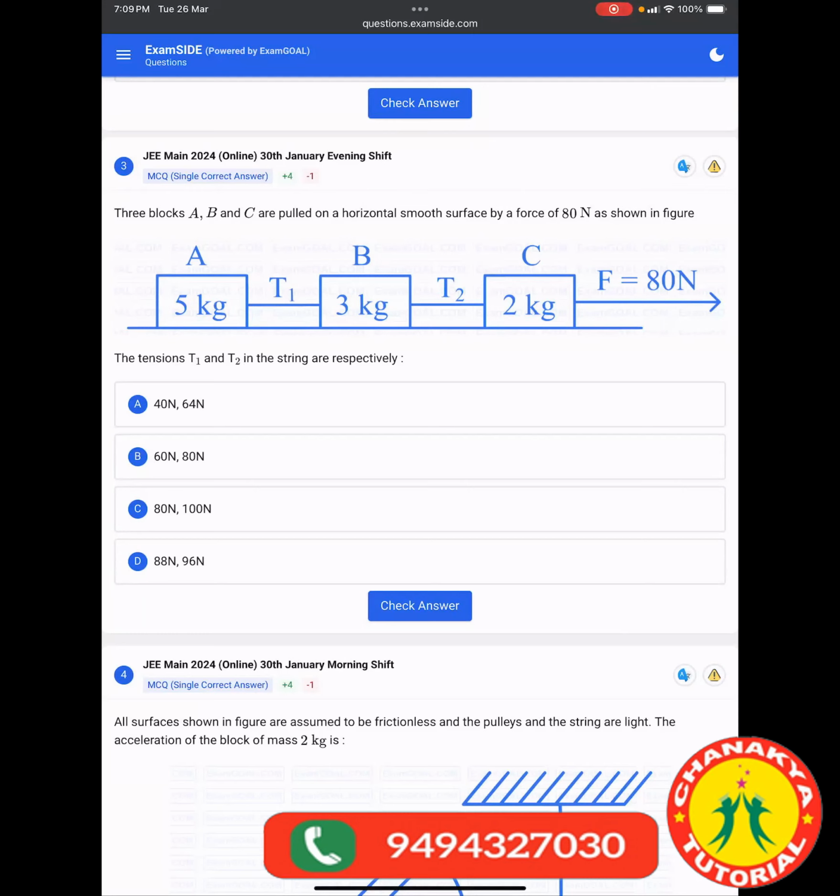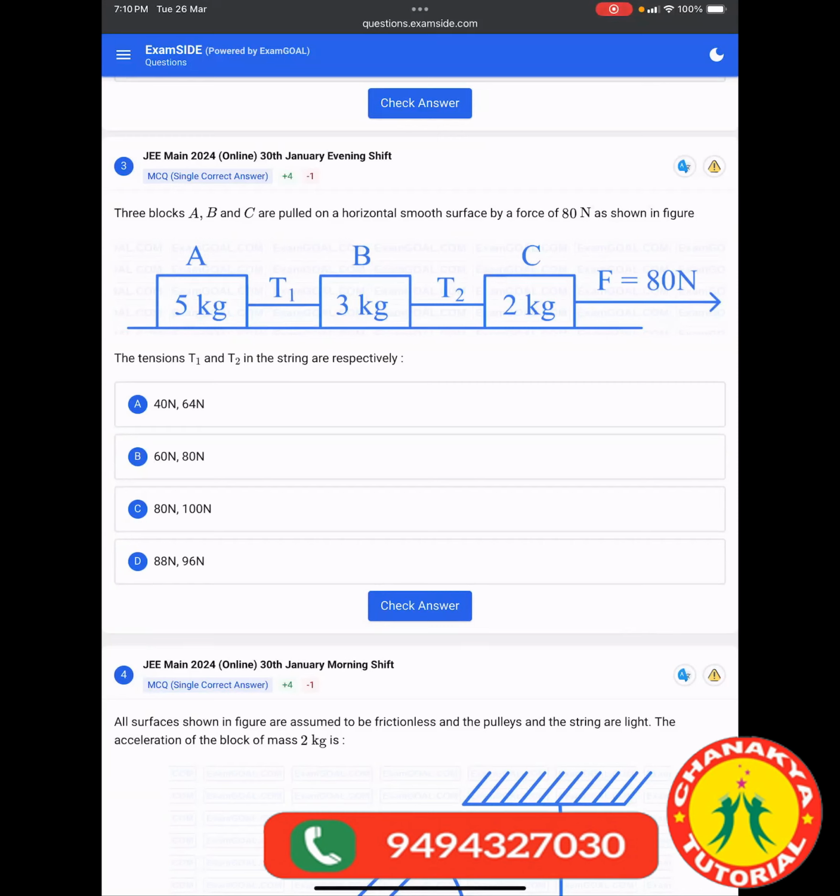What is the opposing force? T1 and T2? No, whichever is in contact will affect. Remember this: when I say a force is acting, it should act on the body. T1 is not at all related to 2 kg, correct? It should touch the body. That you remember always. Now tell me what is the opposing force for 2 kg?